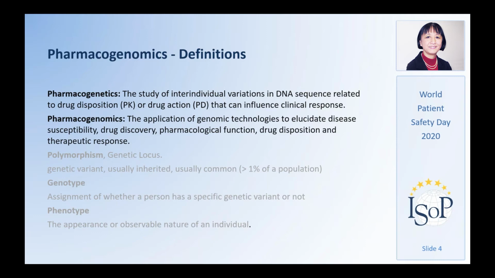Pharmacogenomics is a broader concept, which is the application of genomic technologies to elucidate disease susceptibility, drug discovery, pharmacological function, drug disposition, and therapeutic response.